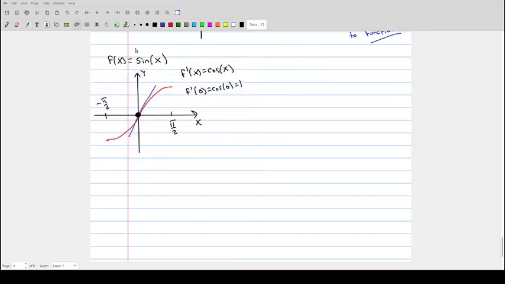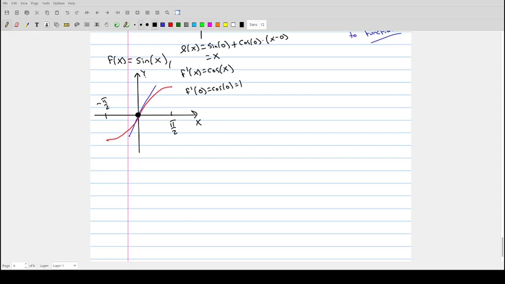So this tangent line is exactly given by L of x, which is f prime of x naught times x minus x naught plus the value of the function at x naught. So it's going to be sine of 0 plus cosine of 0 times x minus 0, which is 0 plus 1 times x minus 0, equal to x.